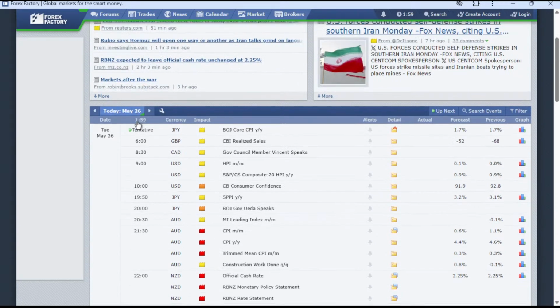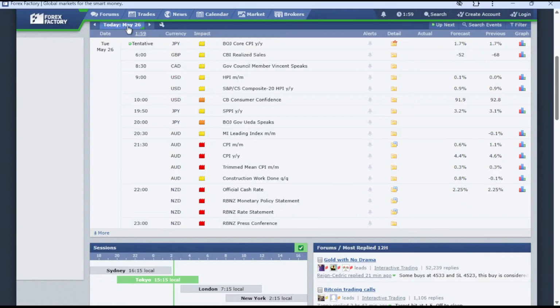You see this? Today on the 26th, so on a Tuesday, we have the Australian dollar CPI, GBPUSD. And another thing, you see, during these times, these are the volatile times of these markets.